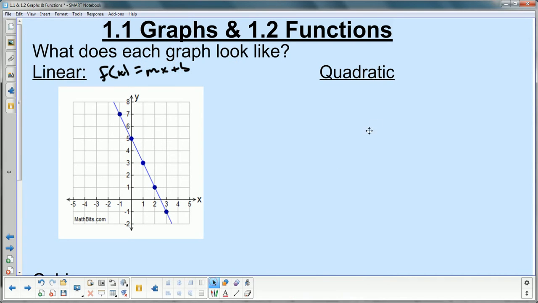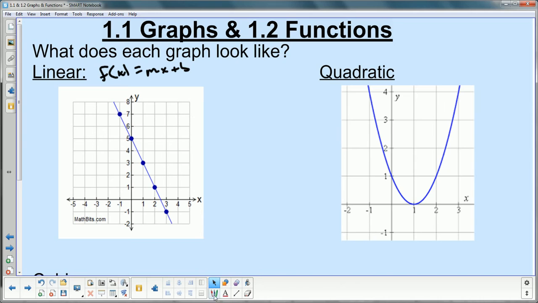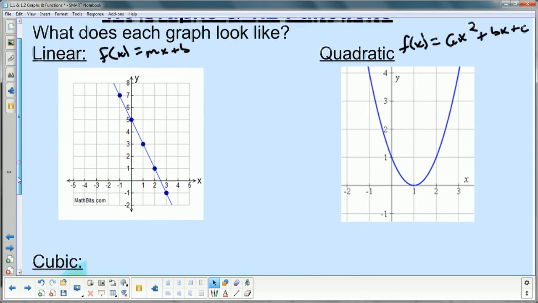If we talk about a quadratic, then that is also a parabola, and function notation for a parabola, f of x equals ax squared plus bx plus c. So parabola, that one opens up, so a is positive. We'll get more into that later.